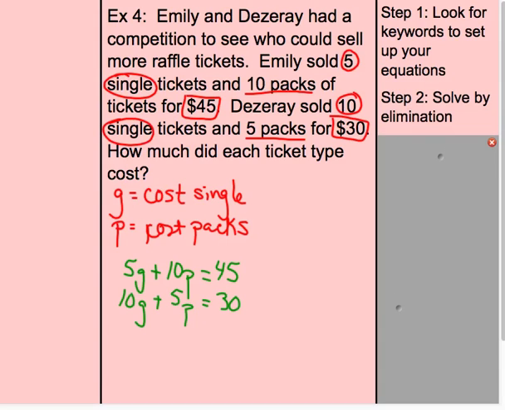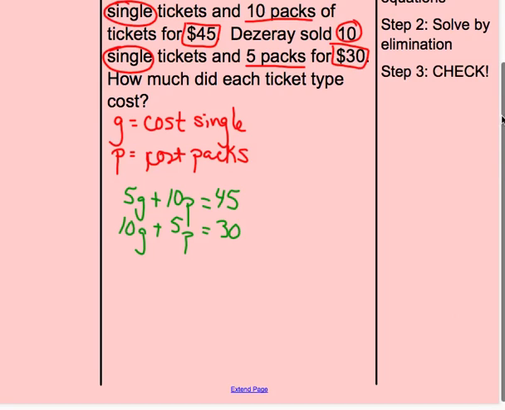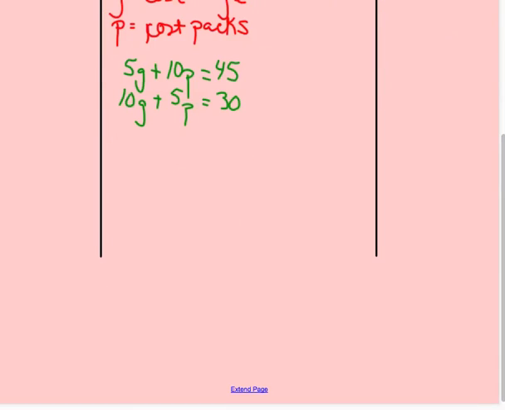Now we need to solve by elimination, and I'm going to need a little more room here. So looking at our equations, we could choose to eliminate G or P because we've got 5 times 2 gives us 10 in both cases. So I'm actually going to choose the second one to multiply by -2 because 30 is smaller than 45. But truly, it doesn't matter. You could choose either equation.